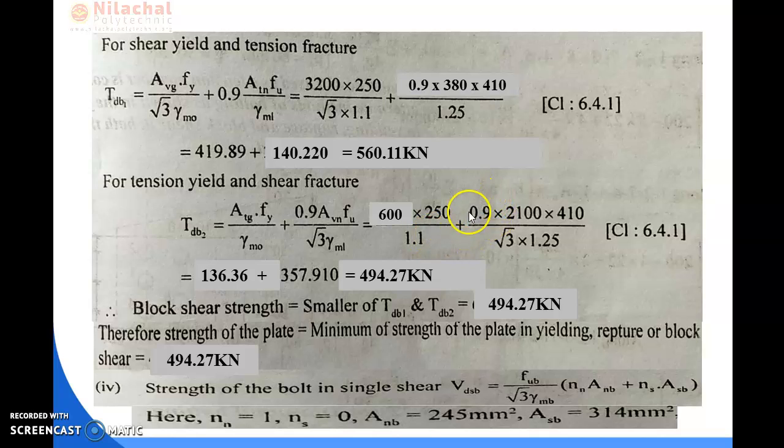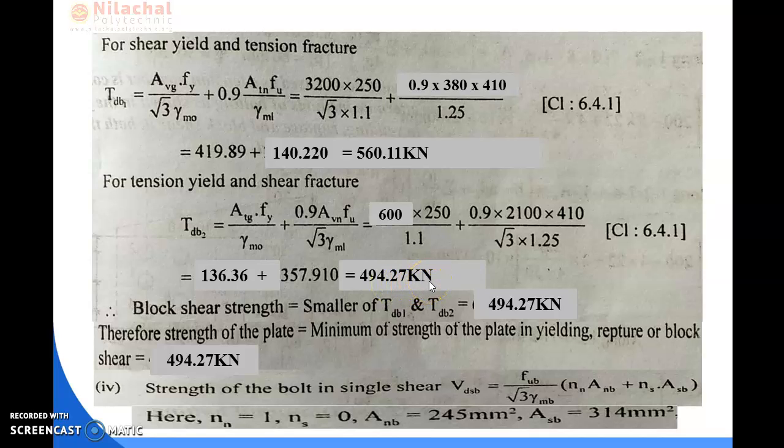Again 0.9 multiplied by AVN, which we got 2100 multiplied by Fu, which is 410, whole divided by root 3 gamma m1, which is 1.25. So by calculating this formula, we got the value of TdB2 as 494.27 kilonewton.